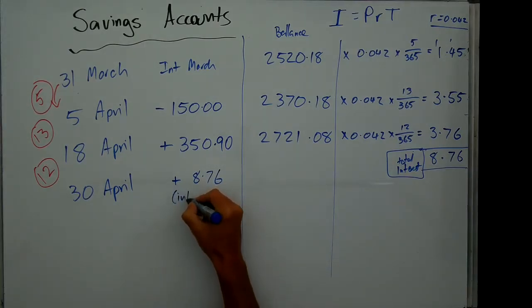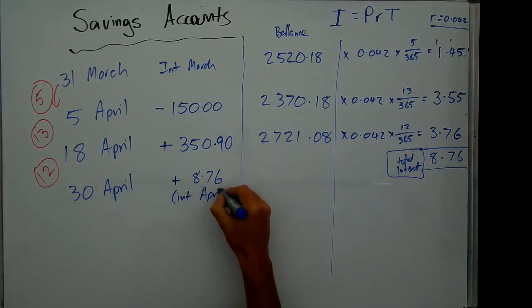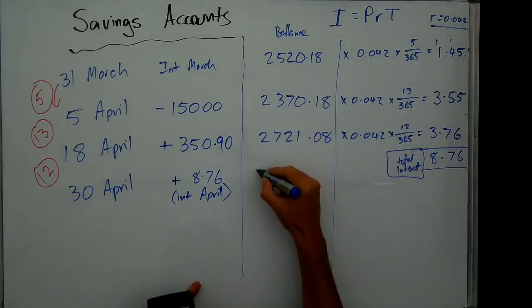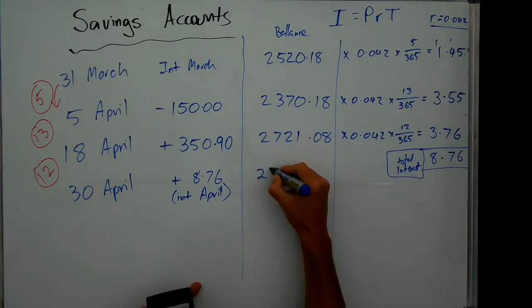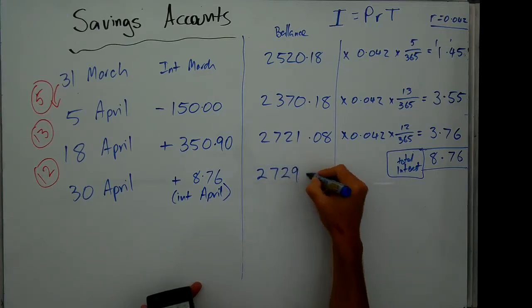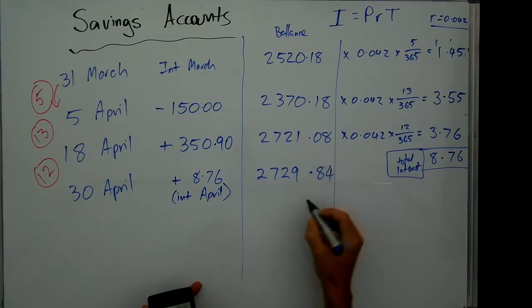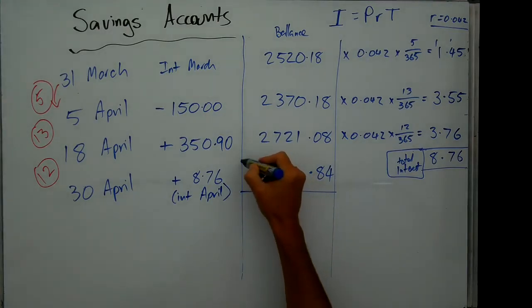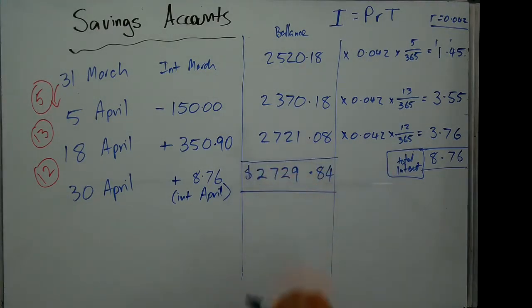Interest for April. 2, 7, 2, 1, 8, 7, 6. We get a closing balance of $2,729.84. So that's our final balance for the month.